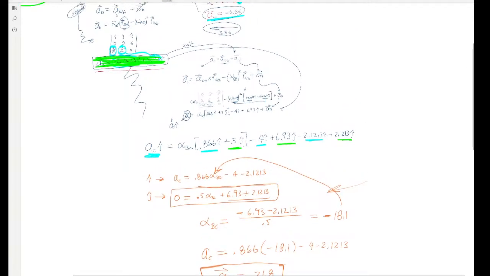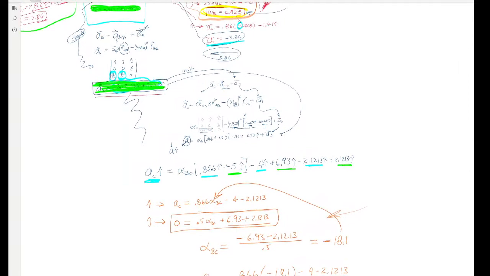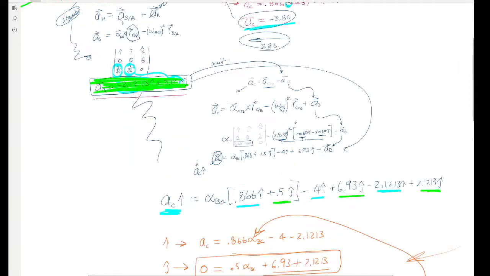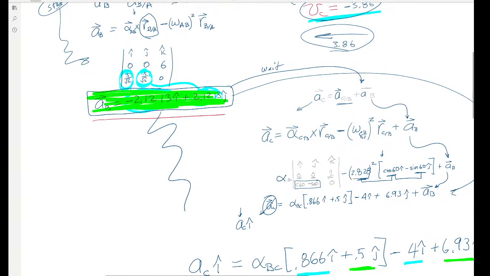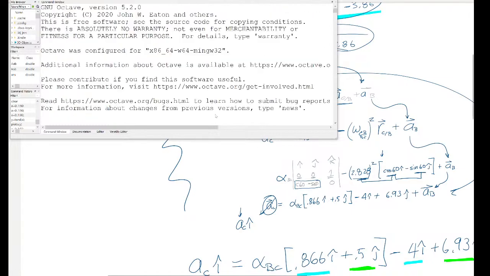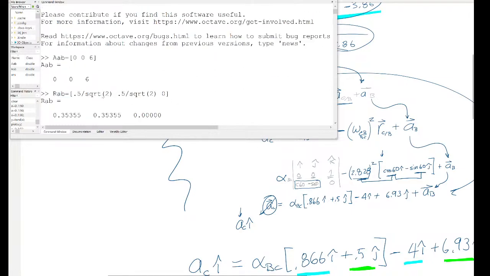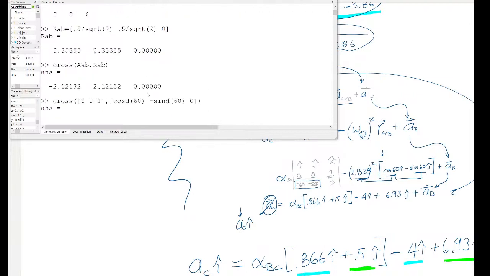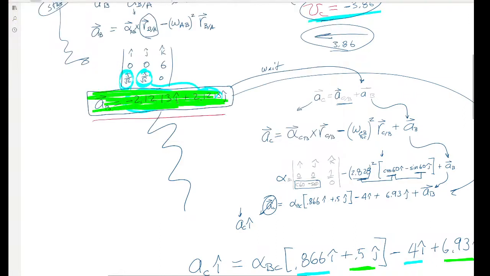I feel moderately comfortable about this. I think I put in the 6, and I think I put the square root of, let's use the mouse. There's my 6, 5 square root of 2. And I got minus 2.12 and then a plus.